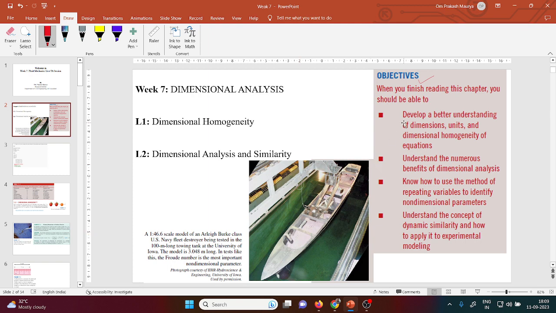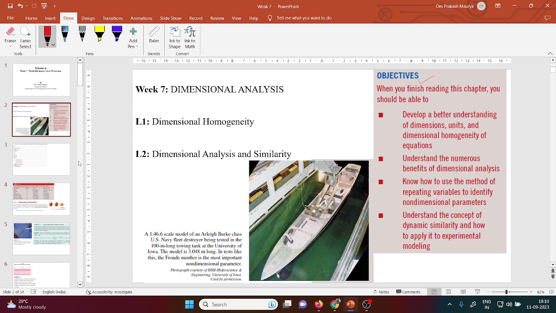The main objective for engineers and scientists is to understand the concept of dynamic similarity and how to apply experimental modeling. Whatever you learn in dimensional analysis, you apply in the physical world as well as when performing the experiment. The most benefit is that you prepare a model of your study and can do the experiment at very minimum cost. We'll see all the examples in the coming slides.